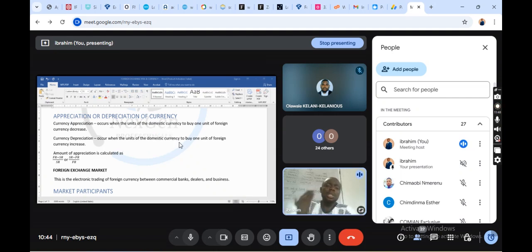And I've equally demonstrated that. I think Gifted, is it Gifted, someone asked that question about domestic currency. Please don't confuse yourself with domestic or non-domestic currency.